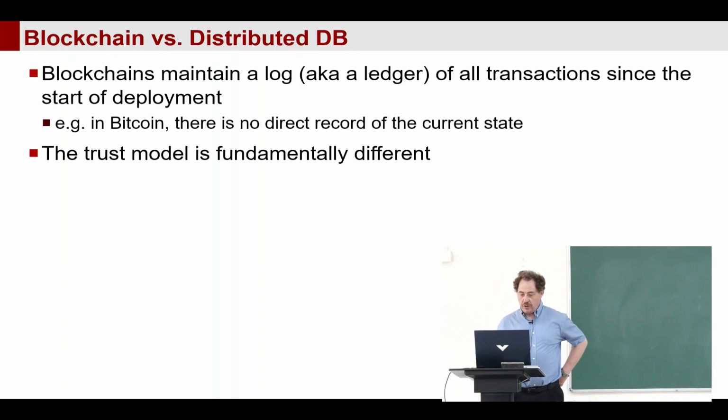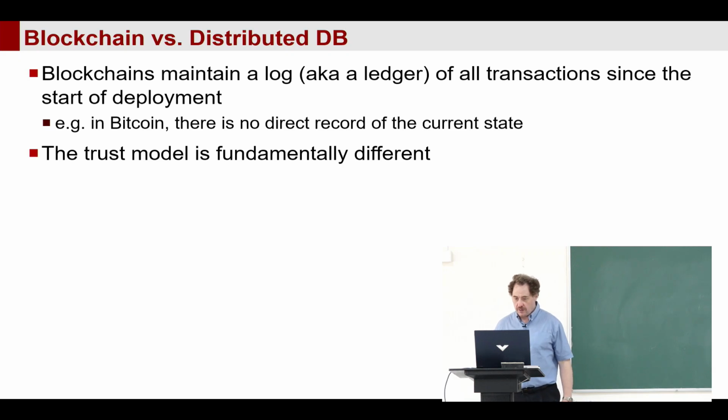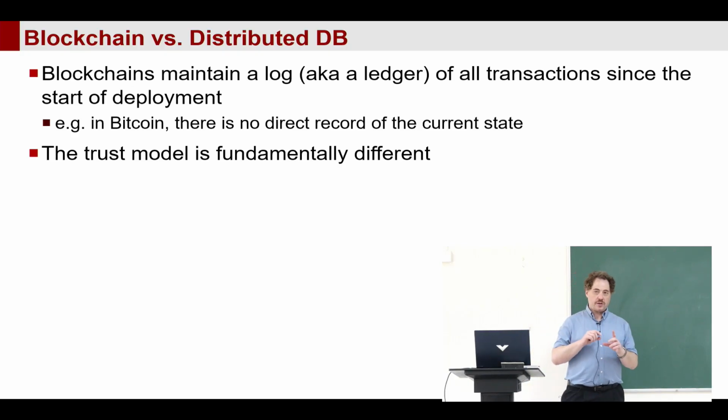So in Bitcoin, there is no such thing as user balance. In Ethereum, there is user balance. It keeps track of the contract state, but it only provides very limited means to retrieve it, unlike databases. The point of the blockchain is not to query the state and process the data.